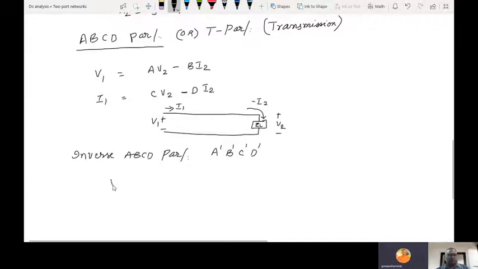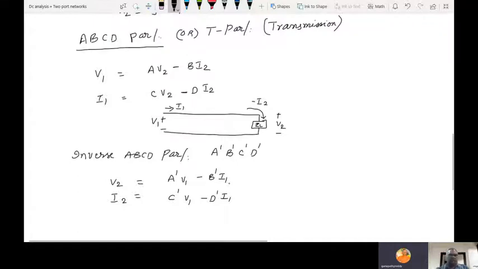V2, I2 in terms of V1, I1. So V2 equals A prime V1 minus B prime I1, and I2 equals C prime V1 minus D prime I1. Just attach a prime: V2, I2 expressed in terms of V1, I1.